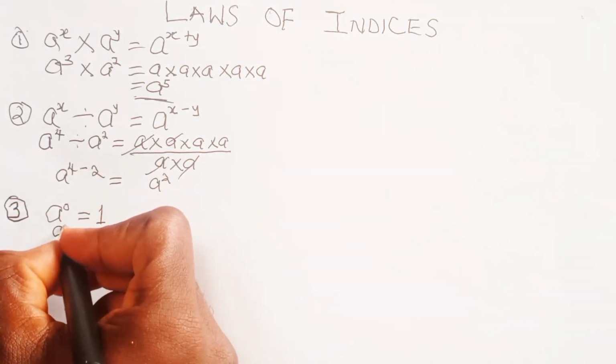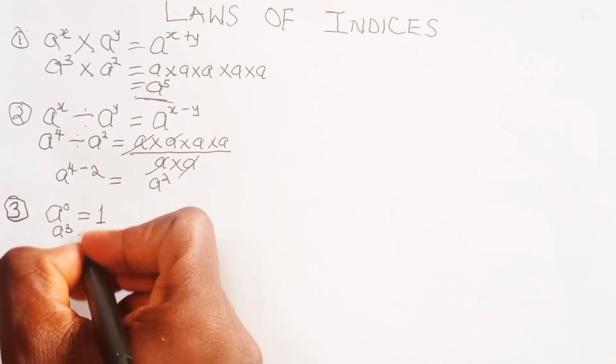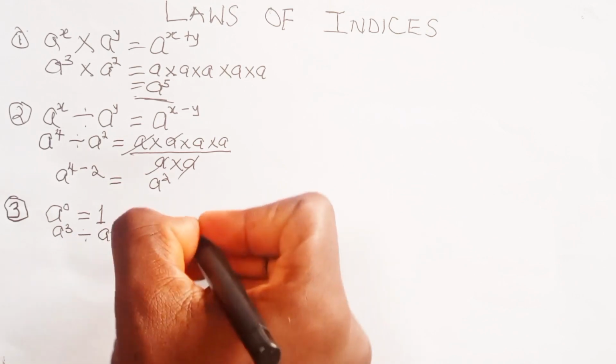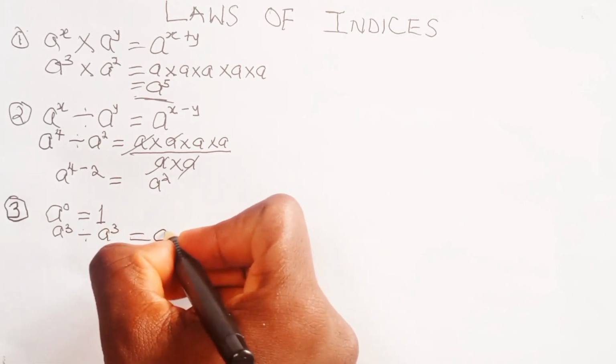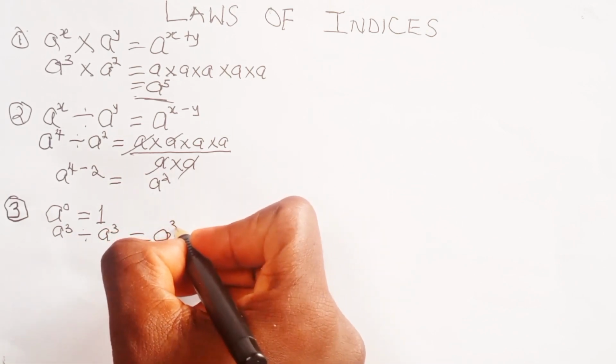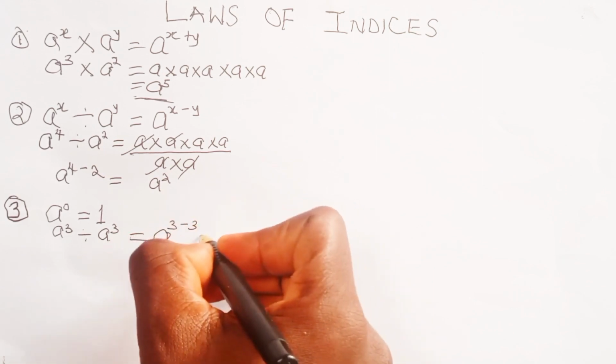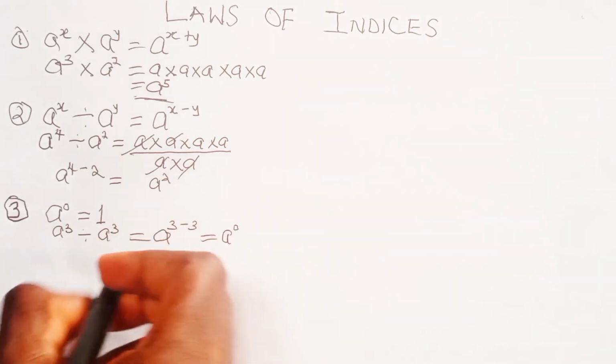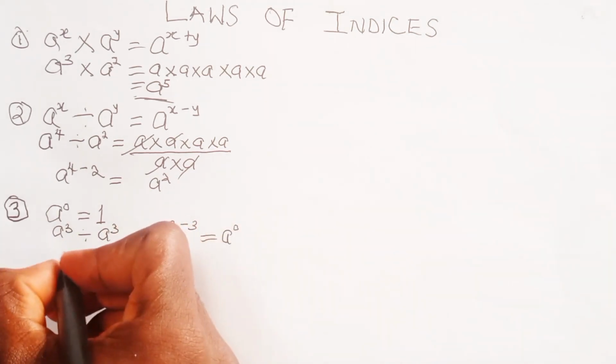If I have a raised to power 3 divided by a raised to power 3, remember our division law says we get a raised to power 3 minus 3, which is equal to a raised to power 0, right? So how did we know that it's supposed to give us 1? Very simple.